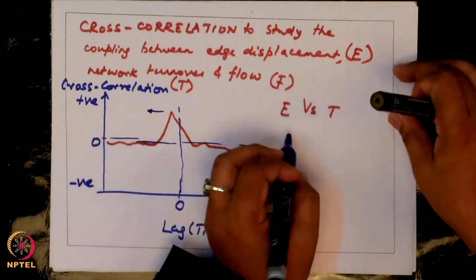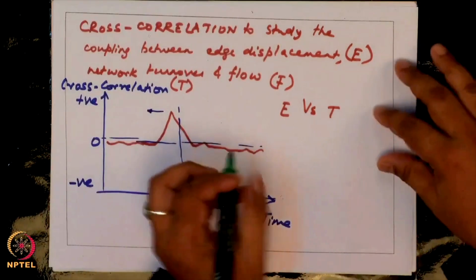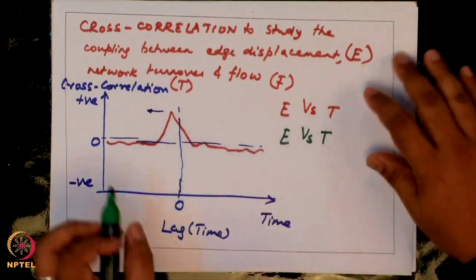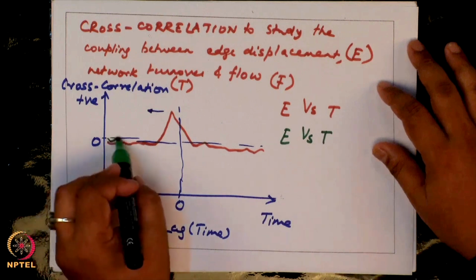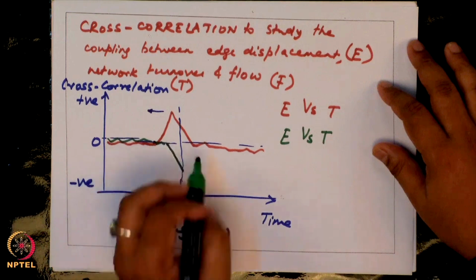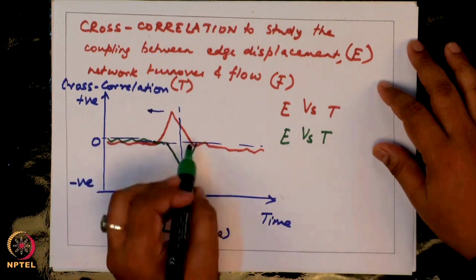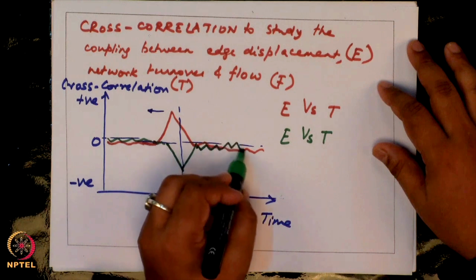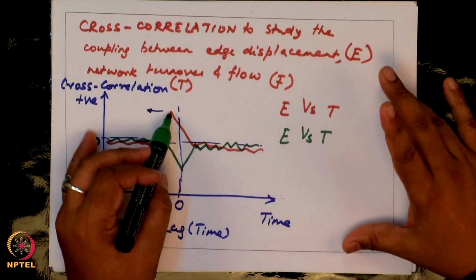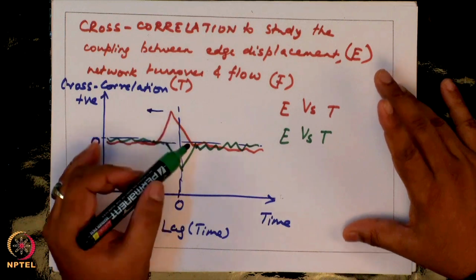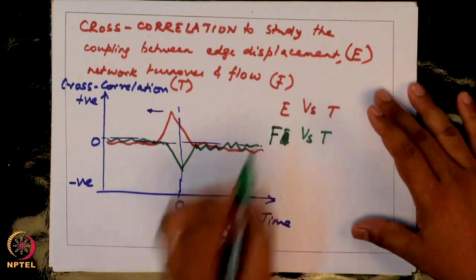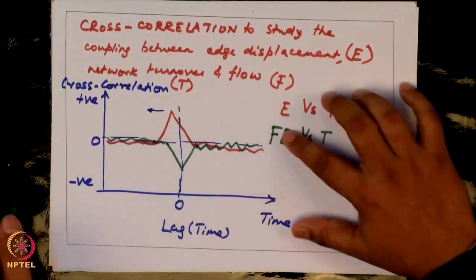Now, let me draw the curve E versus turnover. What you find is that E versus turnover gives you a peak here. Okay, and this is F versus turnover, sorry, this is not E versus turnover. F is flow.